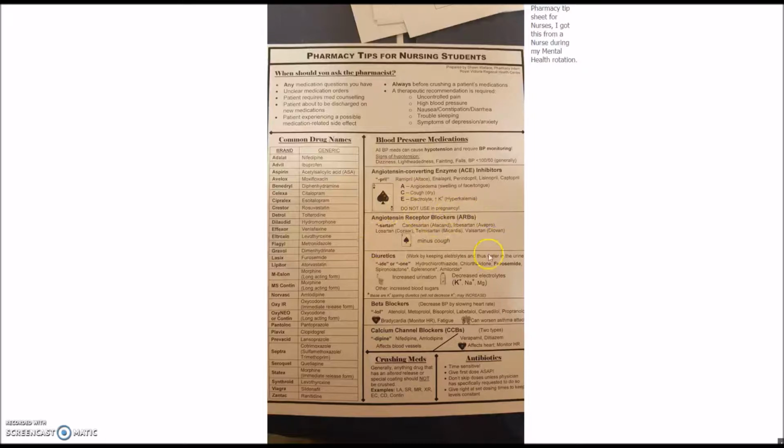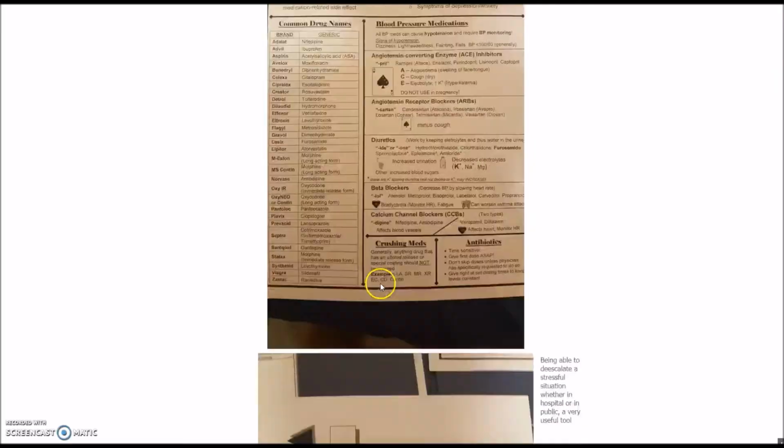It talks about the ARBs and how they're sartans, diuretics, beta blockers, and right here it says the OLOLs, and then it gives you major contraindications, so it can cause bradycardia, can worsen asthma. Over here it gives you common drugs, like your brand names, generic names, and then some tips. So I thought this was a really useful piece of paper that she gave me, and I decided to put it in my toolbox, as you can never have too many tips on drugs.